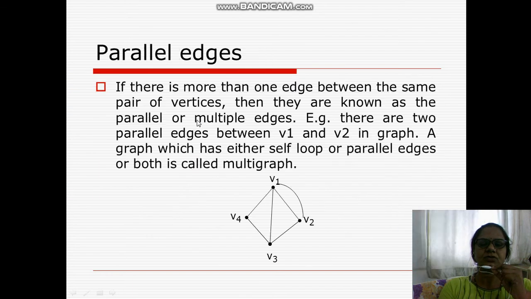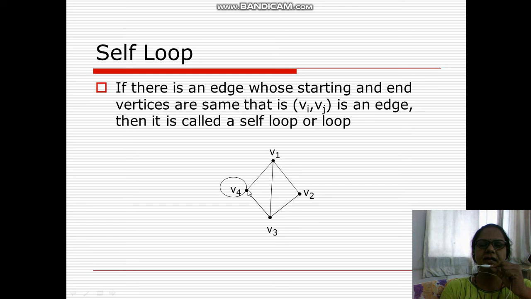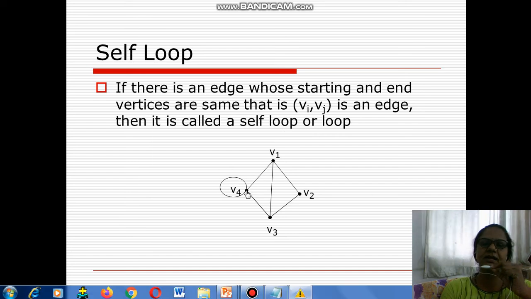Okay, so we'll go back. Self loop, simply see the definition of self loop. If there is an edge whose starting and end vertices are the same, that is, V4 has one edge starting from V4 and ending at V4, then it is called a self loop or a loop.